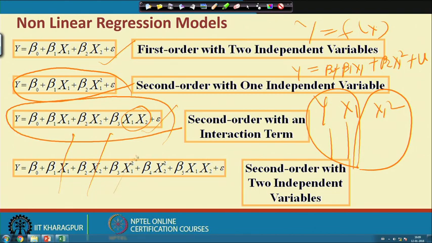So, again having x 1 and x 2, here the model can have x 1 square, that is called dot product, and this is again dot product with respect to x 2, and this is what is called a cross product. So, we have x 1 with degree 1, x 1 with degree 2, then x 2 with degree 1, x 2 with degree 2, and then the interactive effect, x 1 into x 2.